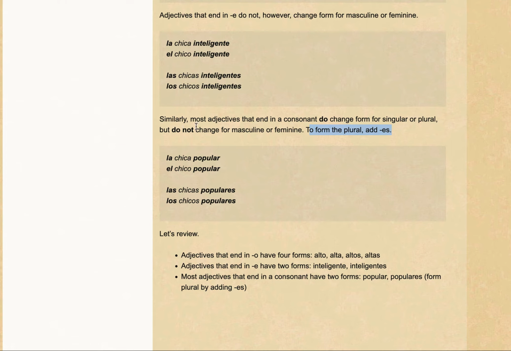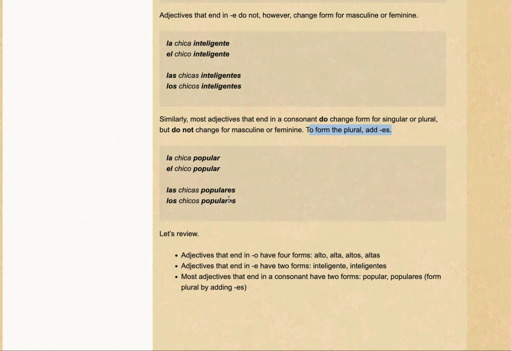So now let's focus on la chica popular. That is singular feminine, and we've seen this in section 4. So the plural form would be las chicas, and it's an adjective, and based on the rule, we would have to add an es to it. So it would be las chicas populares, right? Las chicas populares.